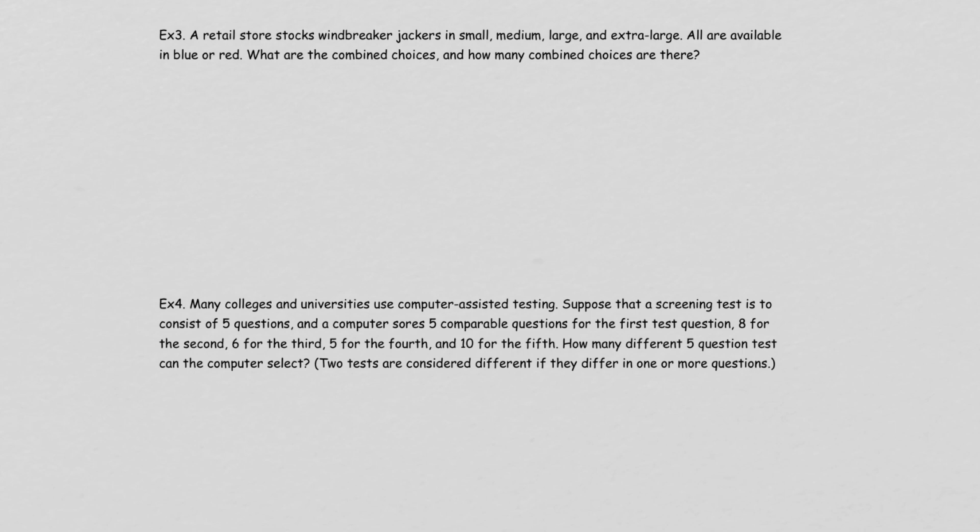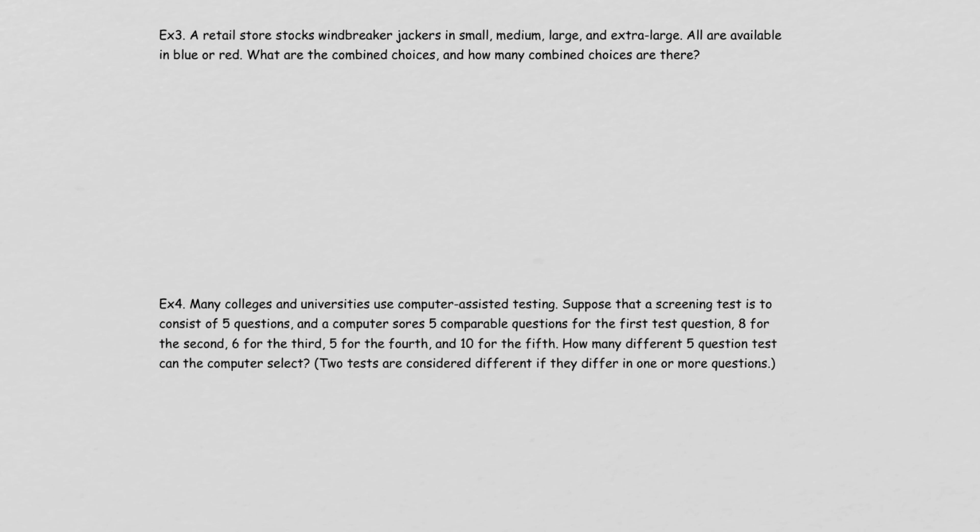Now let's look at the next problem, example 3. The retail store stocks windbreaker jackets in small, medium, large, and extra large sizes and they are available in blue or red. What are the combined choices and how many combination choices are there? So this is something I can show you: tree diagrams.